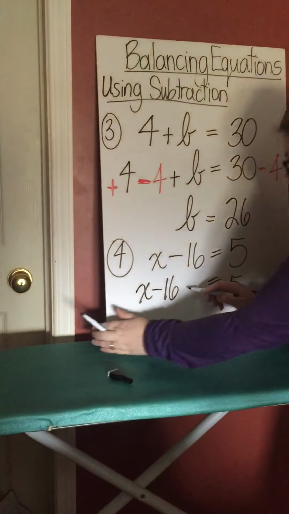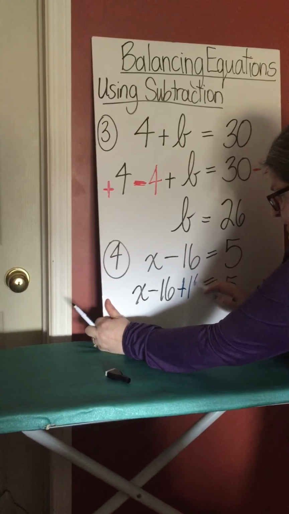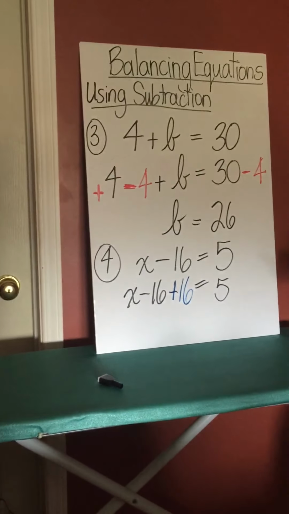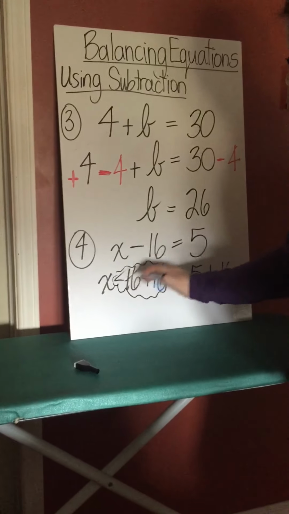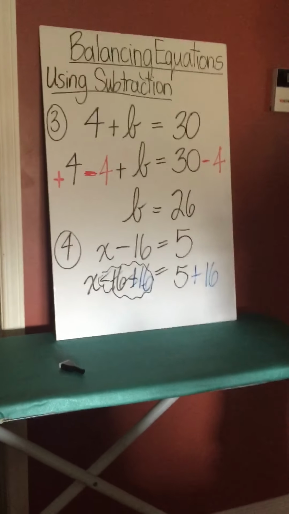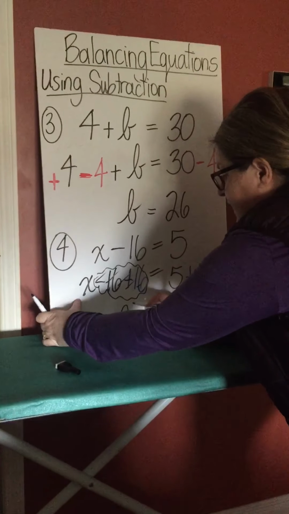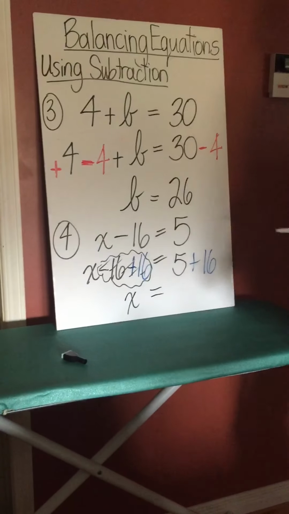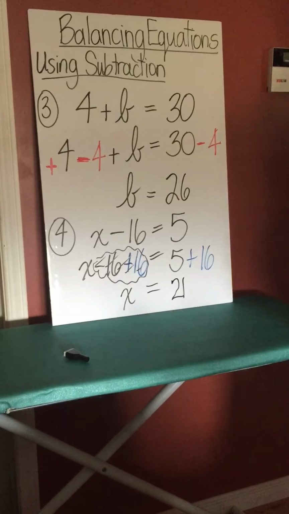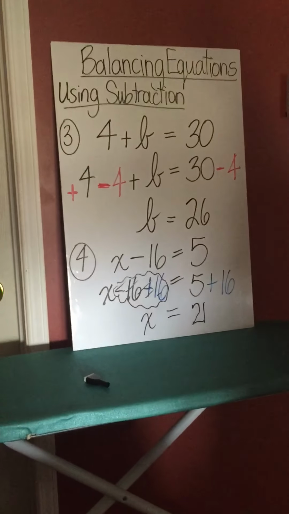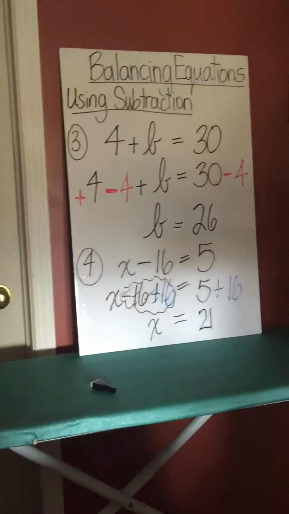So if we add 16 to both sides, you'll notice that this one disappears, it cancels itself out, and we're left with an x on one side and 21 on the right. So that is adding and subtracting to balance equations.